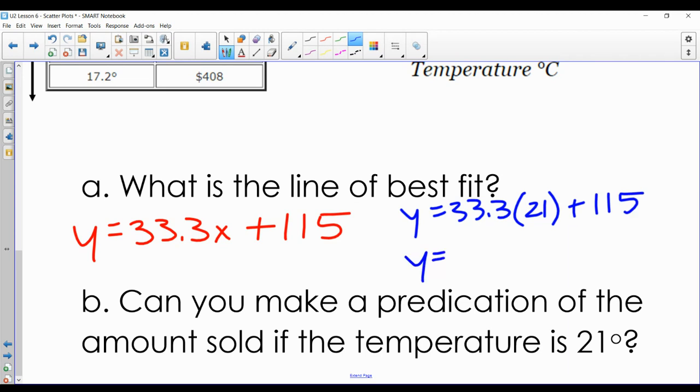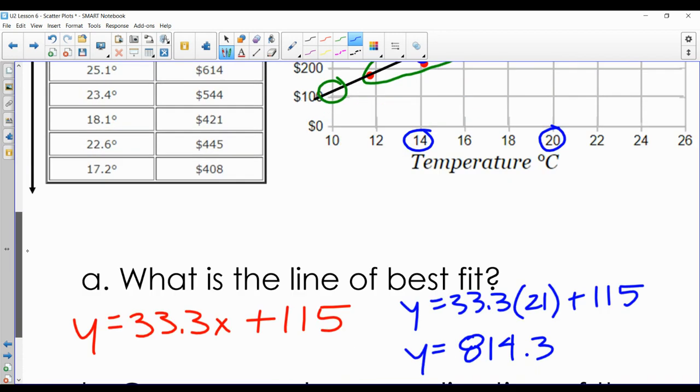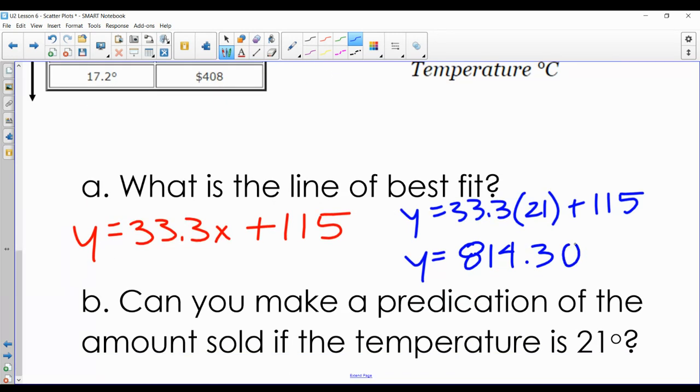If I use my calculator, I'm going to have 814.3. If you think about this, this is sales, right? So that is a dollar amount. All right, so work on the homework to try and see if you understand this.